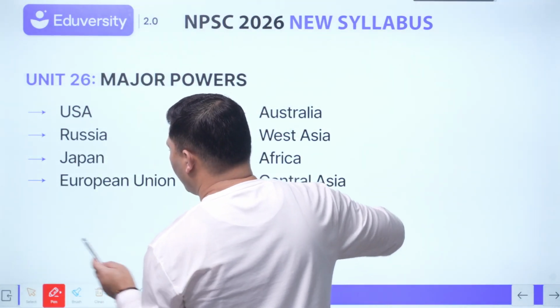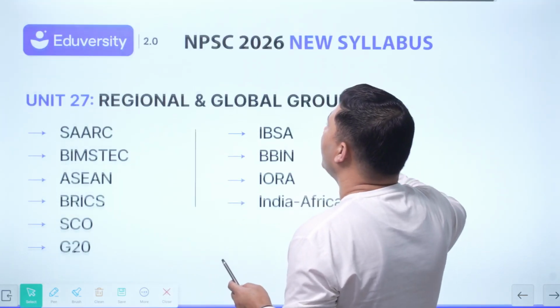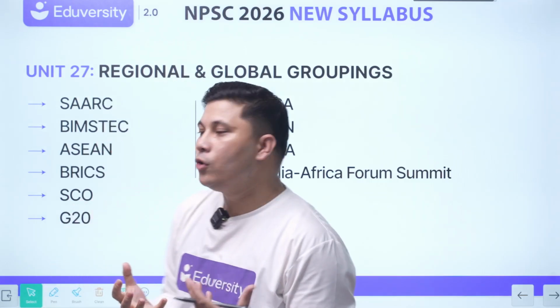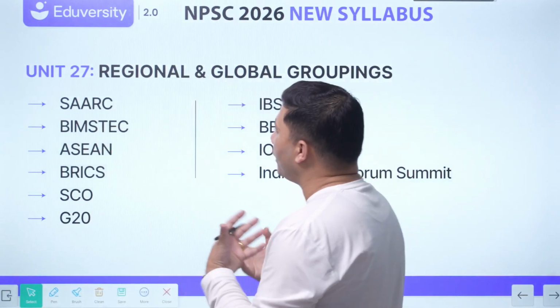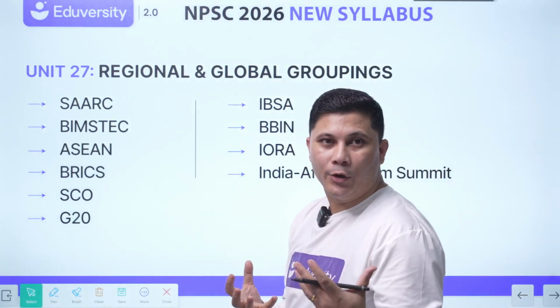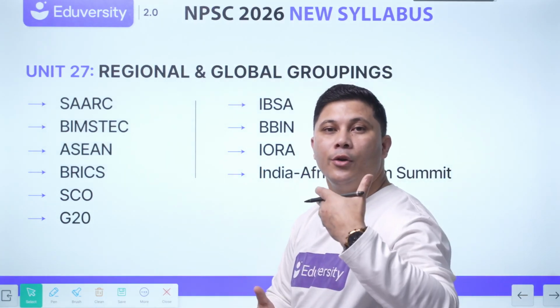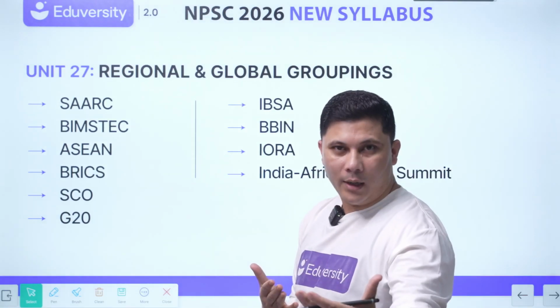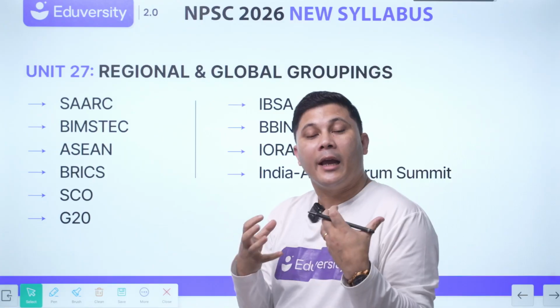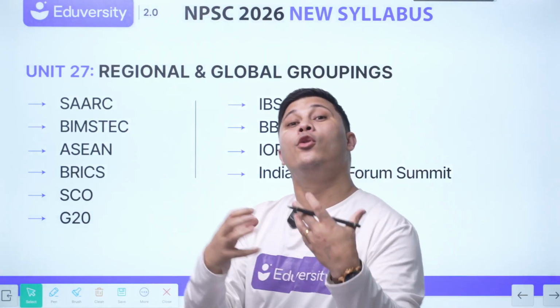We are going to study about the regional and global groupings, how India is a part of these groupings, and how, being a part of these groups, India is contributing to the development of the world. You got a point, right? And how these groupings are helping India come up as a global leader.